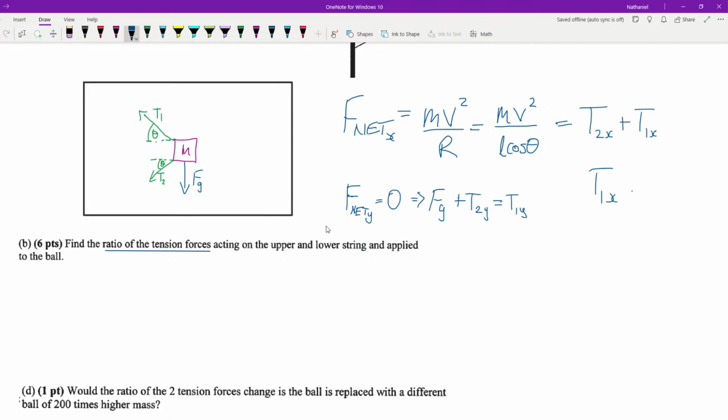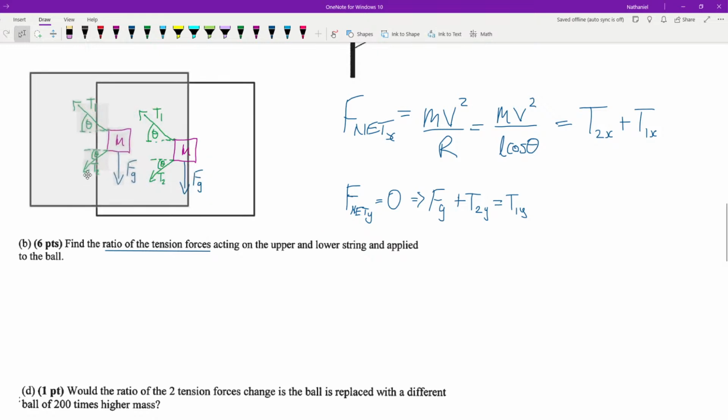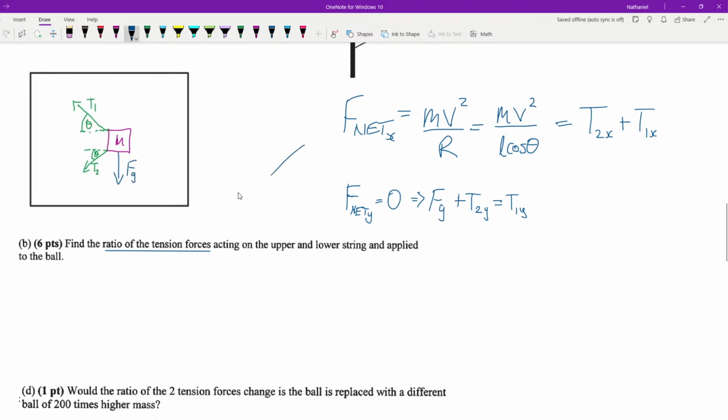T1x is related. How is it related to T1y? Well, you know, for either of the T's, right? We're going to be able to kind of come up with a right angle triangle. That's a T. That's Ty.